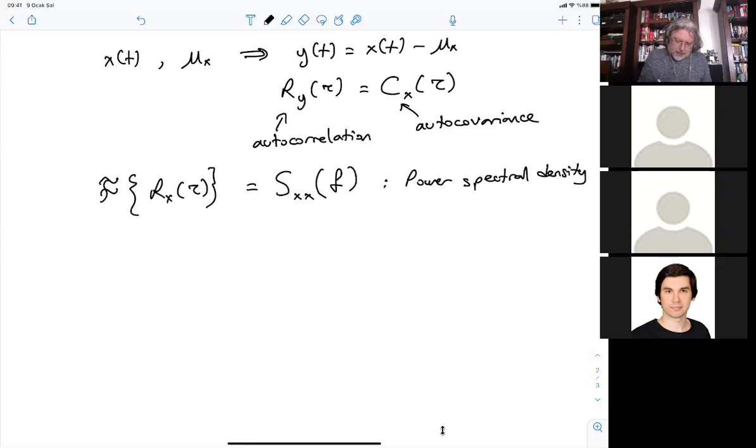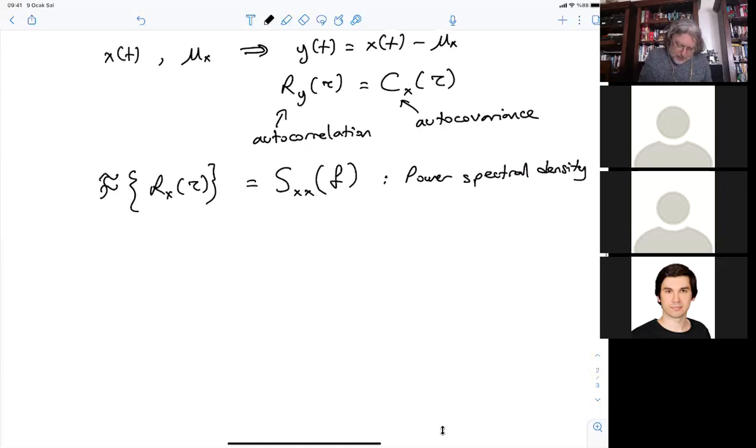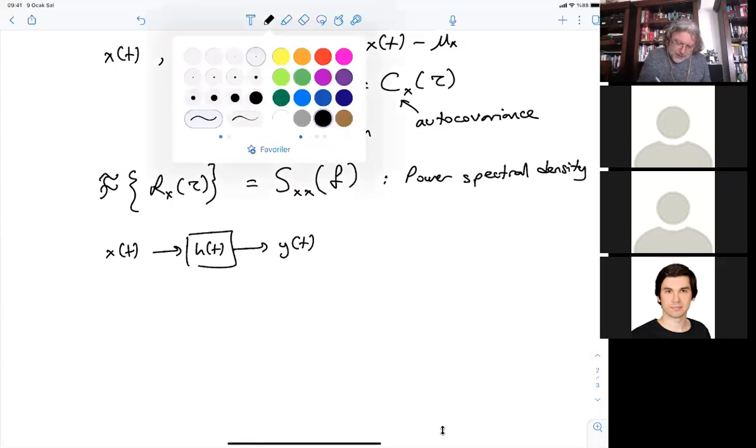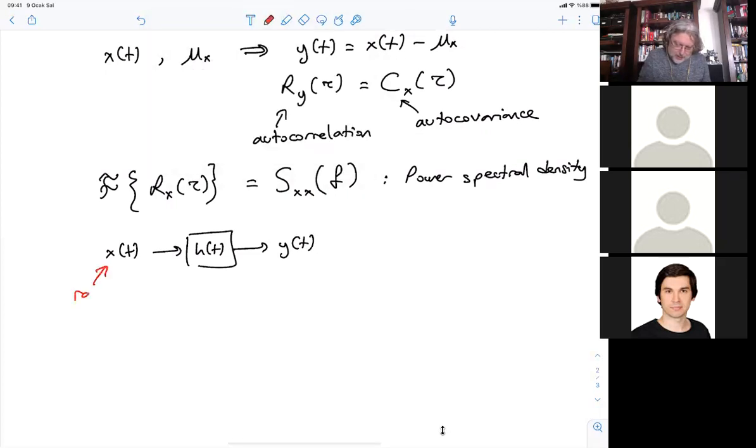If, for example, x of t goes into a linear and time invariant system, then the output is y of t. Suppose that both x of t and y of t are random signals. Since the input is random, the output is also random.